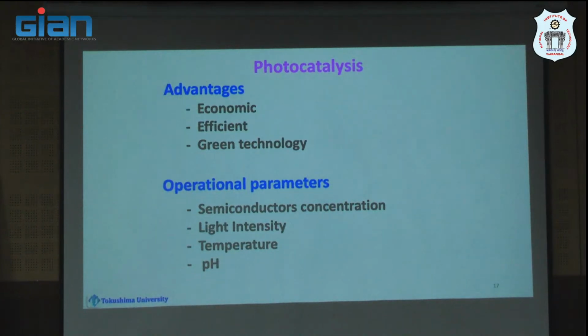For example, if you took 3 milliliters, 4 milliliters of contaminated water, and you put 1 milliliter of methyl orange, that is an organic pollutant. Now, how much percent photocatalyst will you put? 5%, 10%, 20%. If you put more concentration, the result will be fast.